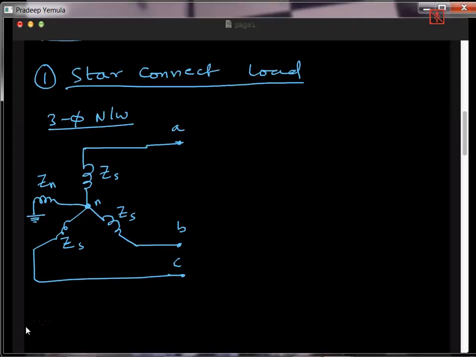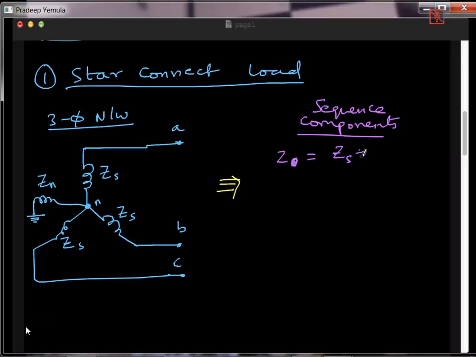So this one, if I convert to sequence components, what do we get? If I convert this network into sequence components networks, so already we had seen in the previous lecture, that Z0 will be Zs plus 3Zn.